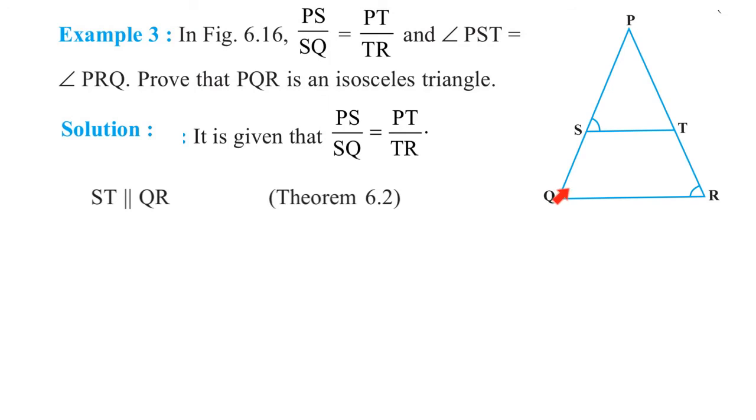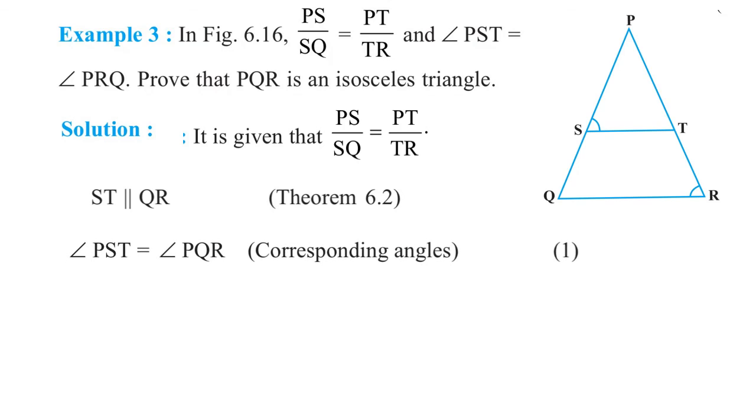They are called corresponding angles. And when two lines are parallel, corresponding angles are equal. So can I say that angle PST is equal to angle PQR? Why? Because they are corresponding angles.